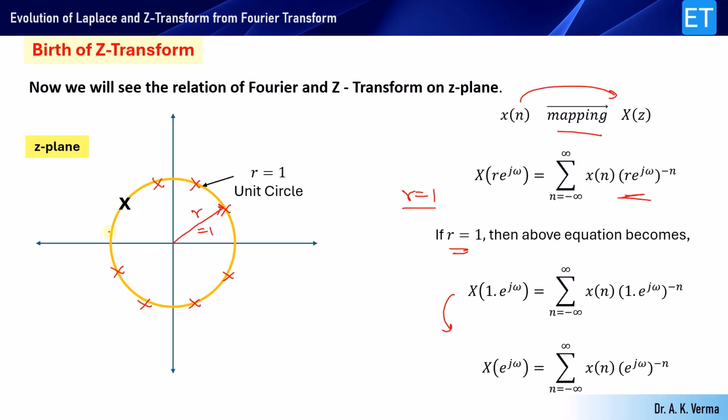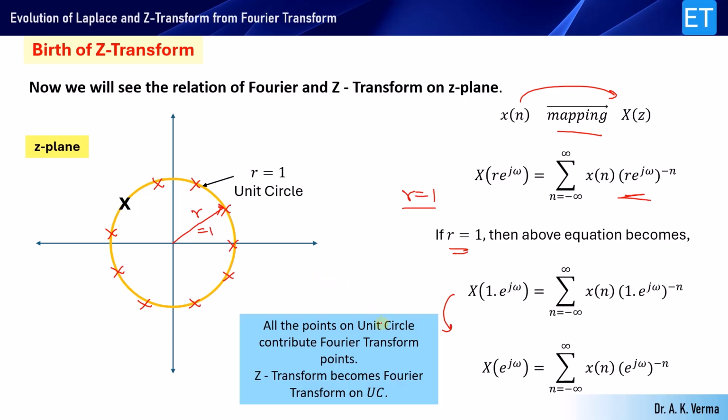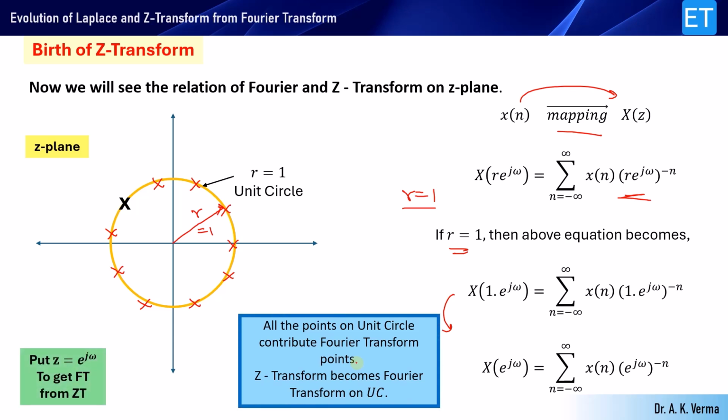They all contribute to the Fourier transform. So I will say all points on the unit circle contribute to the Fourier transform, and you can say that the Z transform becomes the Fourier transform on the unit circle, right? So I can put z equal to e^{jω} to get the Fourier transform from the Z transform.